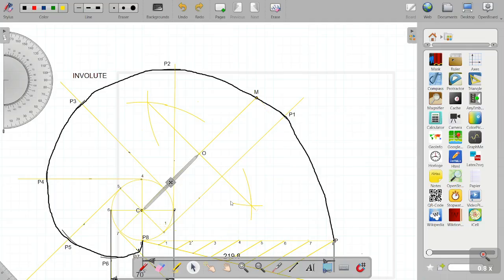Again, I repeat, with OM or OC as the radius, you need to draw one semicircle. Again, it will be very light. So it is like this.